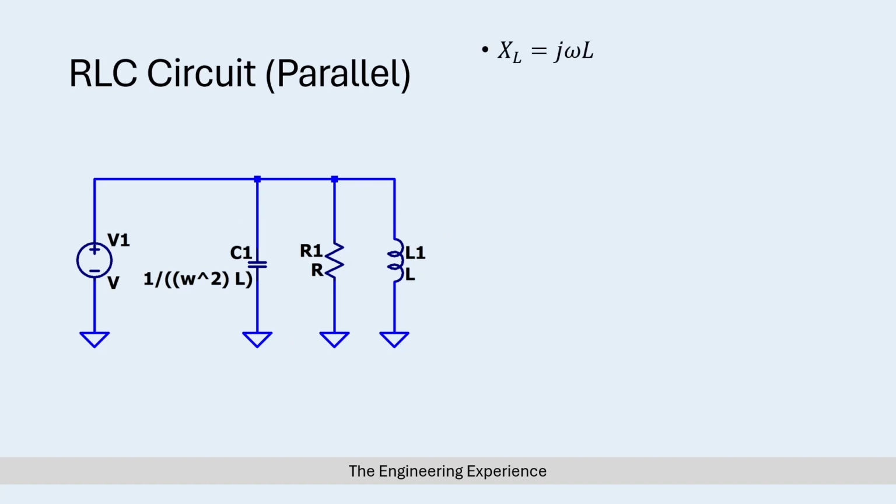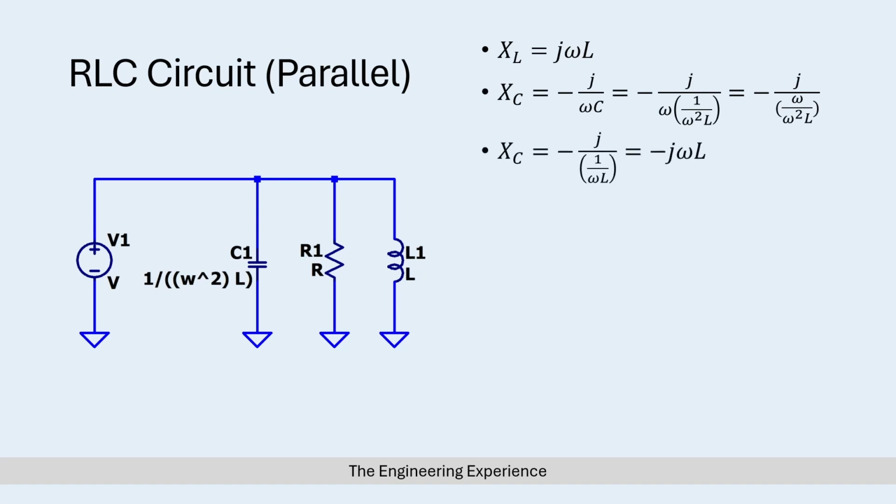So same as before, the impedance of the inductor is j omega L. The impedance of the capacitor is equal to minus j omega L. And the total impedance in this case is equal to 1 over the total impedance equals 1 over the capacitive impedance, 1 over the resistance, plus 1 over the inductive impedance.